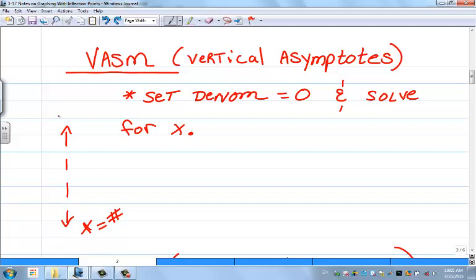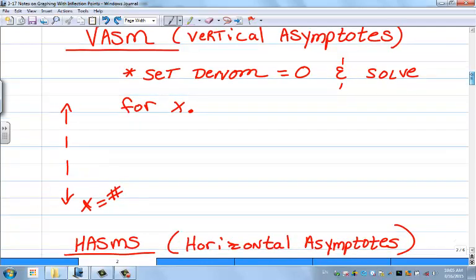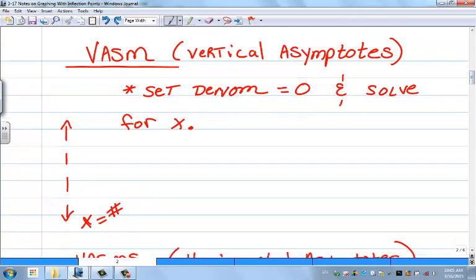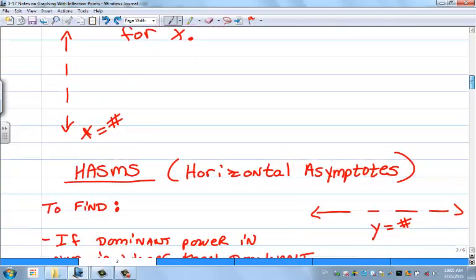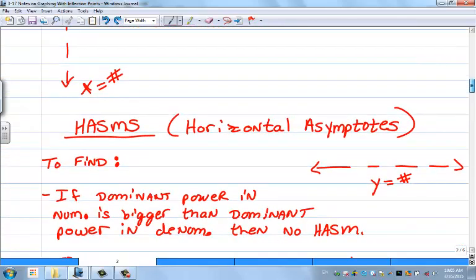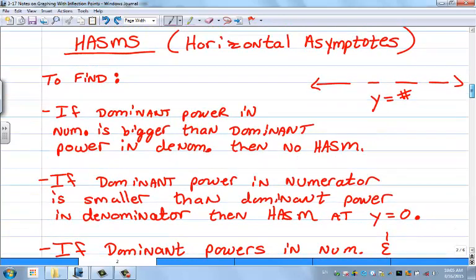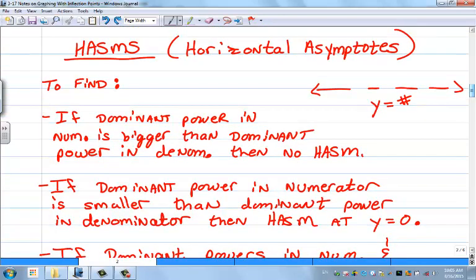Remember, your graph always gets closer and closer to a vertical asymptote as it approaches either positive or negative infinity. And then horizontal asymptotes are the values that your graph approaches as x approaches positive or negative infinity. So they are horizontal dotted lines.